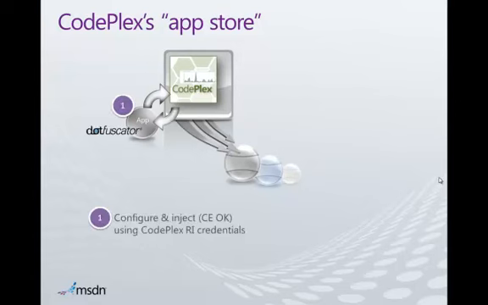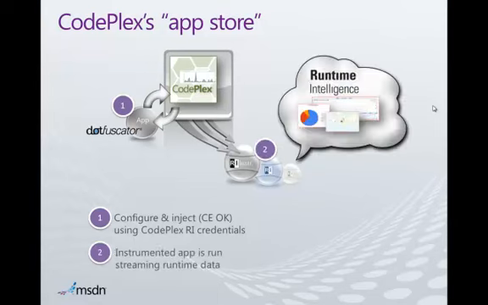Here's how it works. Preemptive provided commercial credentials for runtime intelligence to the CodePlex team, and they, in turn, share their credentials with the 14,000 development teams with CodePlex projects. The developers can then use the community edition of Obfuscator included with Visual Studio 2010 to instrument their applications.